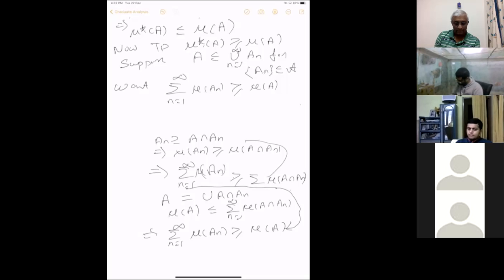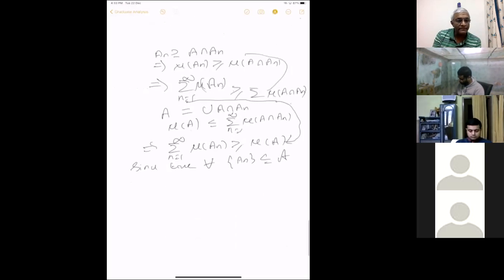Okay. So since this is true for all collections An covering A, and mu star A is just the infimum of this, mu star A is greater than or equal to mu of A. Okay.